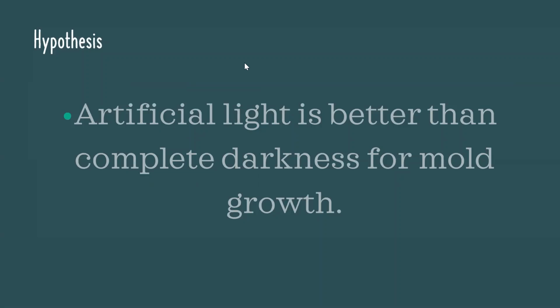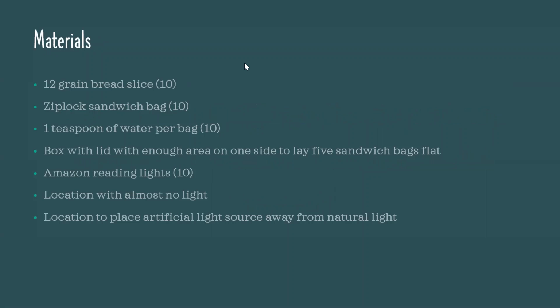So my hypothesis is artificial light is better than complete darkness for mold growth. The materials that I was using for this experiment were 10 slices of 12-grain bread, 10 Ziploc bags, a total of 10 teaspoons of water, 1 teaspoon of water per Ziploc bag, a box with a lid and a surface area large enough to lay 5 of the bags down flat, 5 Amazon reading lights.